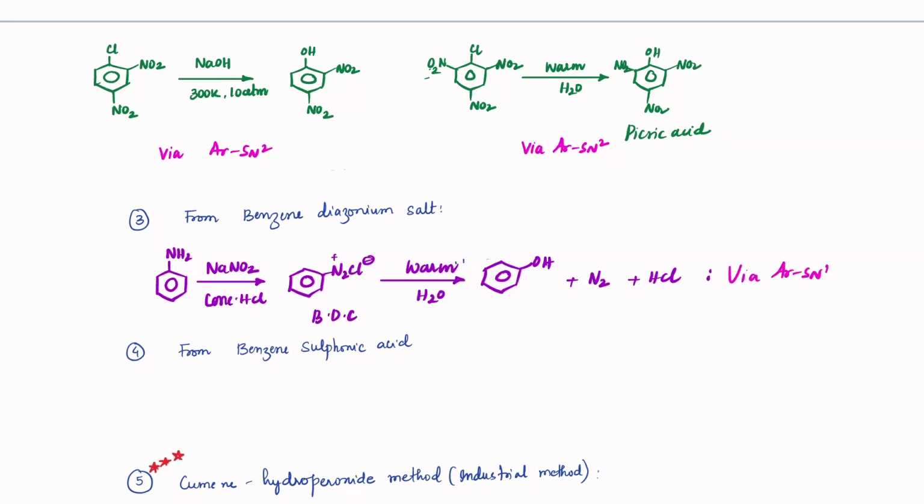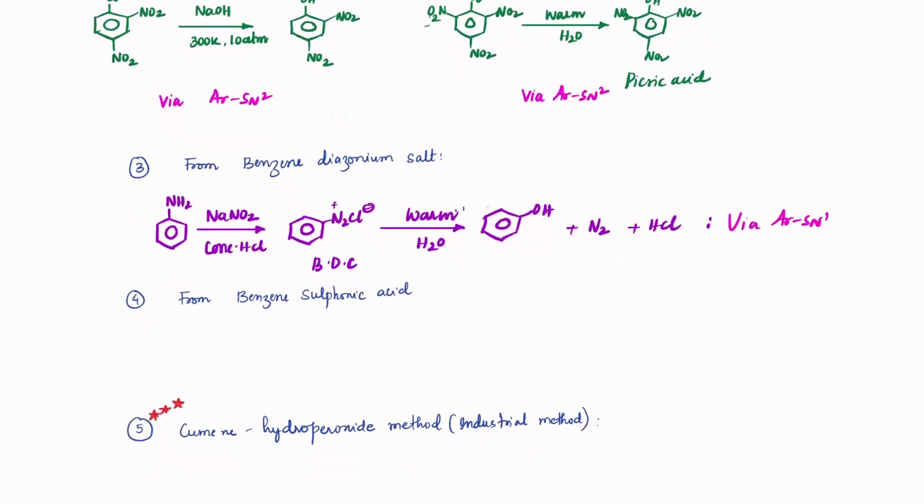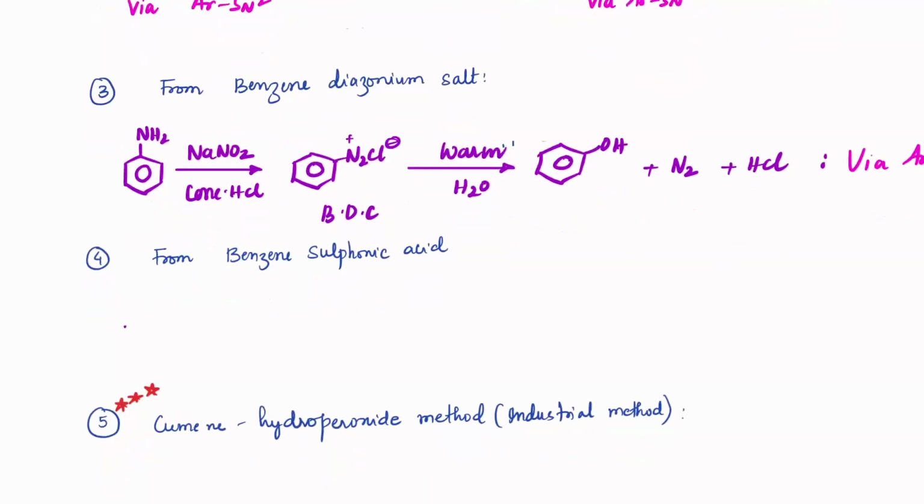This mechanism, if you recall, means there is a carbocation completely formed on heating, and then water will attack that unstable phenyl carbocation. Correct? Right. The next reaction is from benzene sulfonic acid. So if you have benzene with sulfonic acid SO3H, got it?